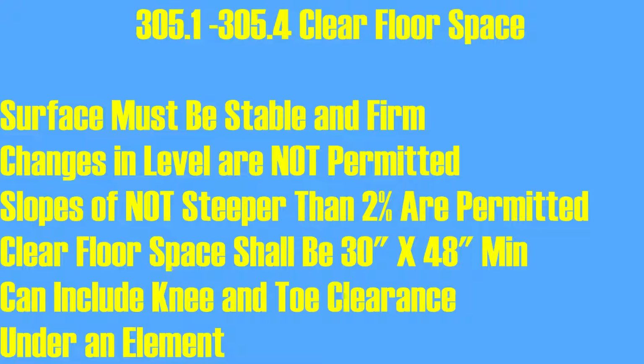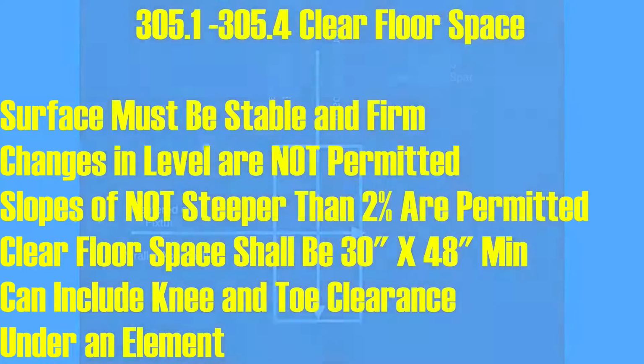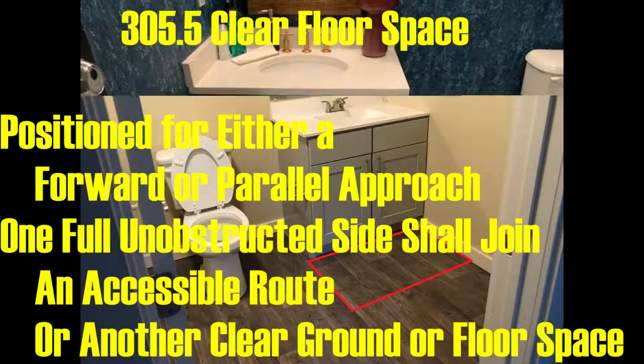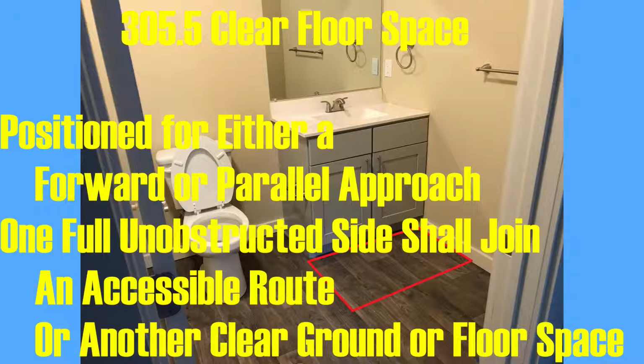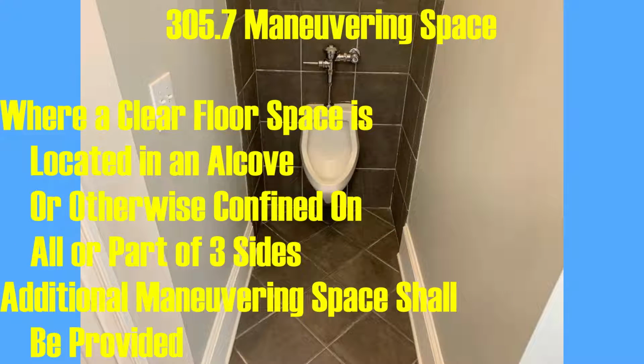Clear floor space shall be 30 inches by 48 inches minimum at an element, and it can include the knee and toe clearance under an element. Clear floor space must be positioned for either a forward or parallel approach to an element. One full, unobstructed side shall join an accessible route or another clear ground or floor space.